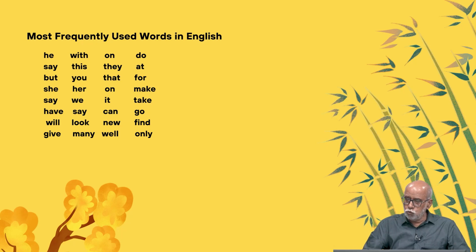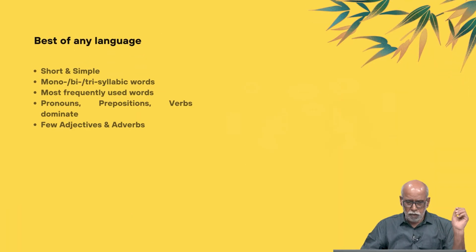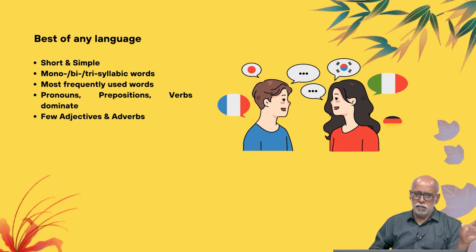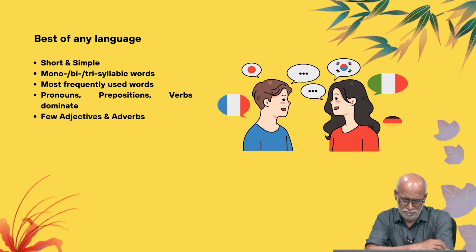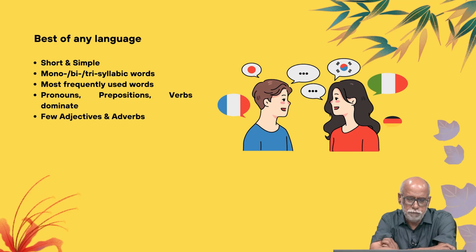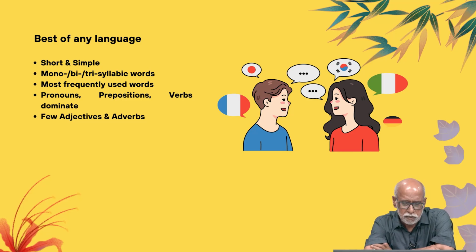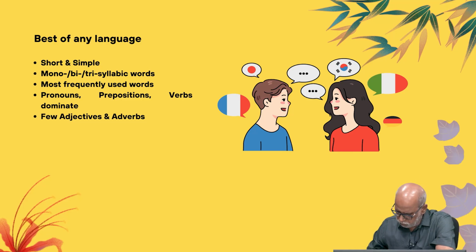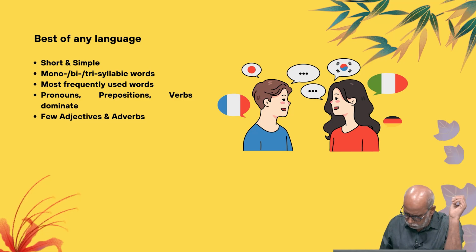Another feature: how would you know these are common words? Most of the time, these are short and simple words. You have heard them before. They are not new for you. Moreover, they have only a few letters. You see, go, do, how many letters do they have?